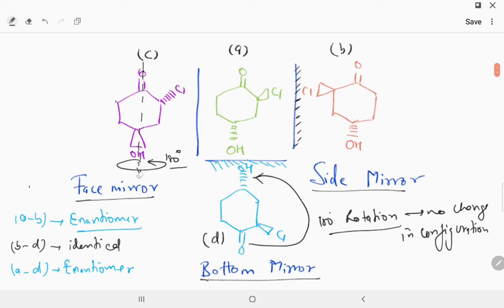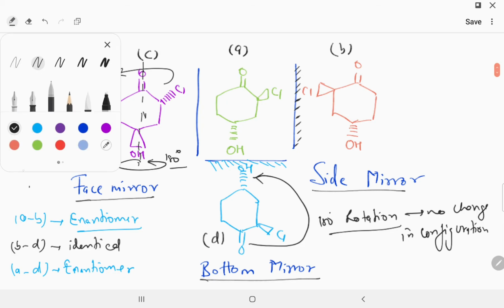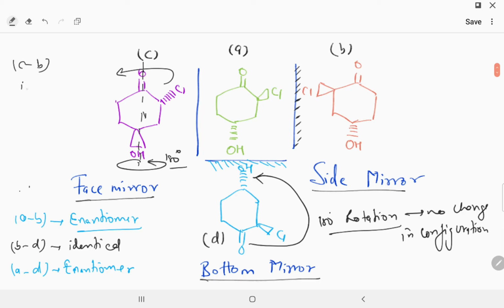So this goes to this side, so wedge converts to dash and dash converts to wedge. So C looks like B, so C and B are also identical.